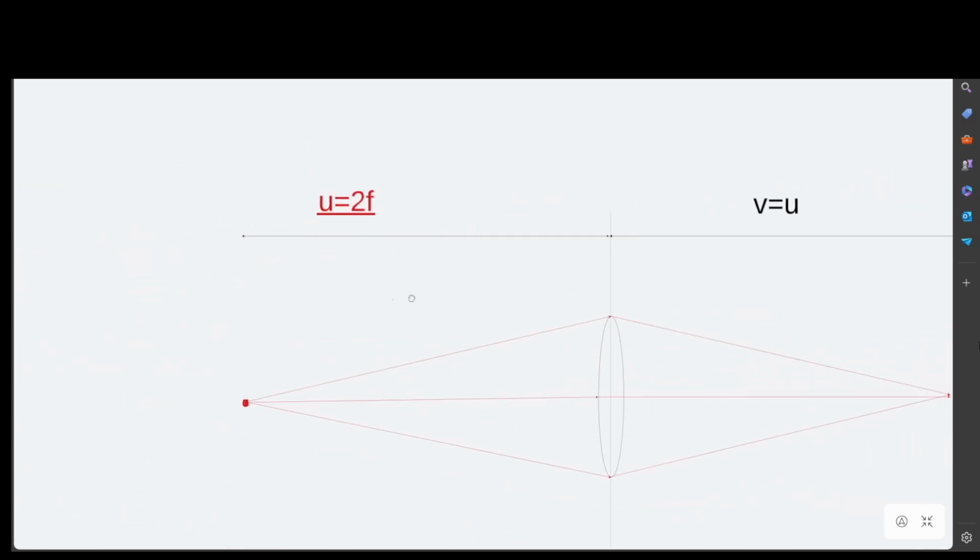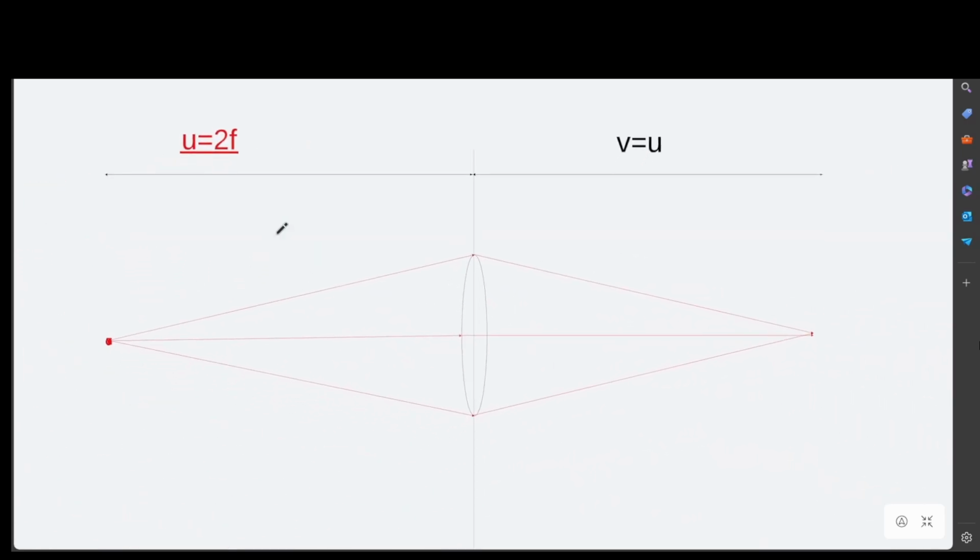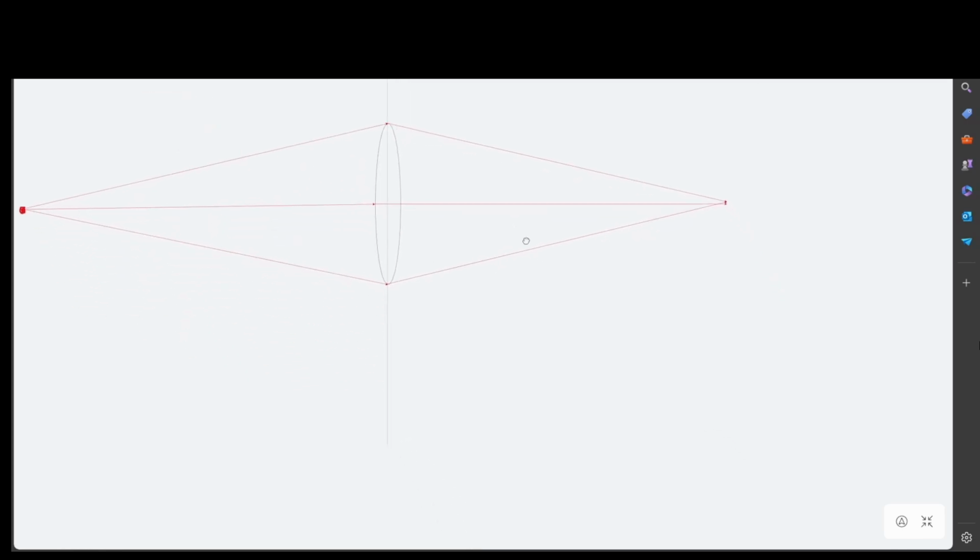There's one more rather important one, well, useful one I should say, that could come up: if the object distance is placed at twice the focal length, as we can see, 2f, then the image distance is actually going to be the same as the object distance, which is rather useful. I'll now prove that to you using our lens equation.